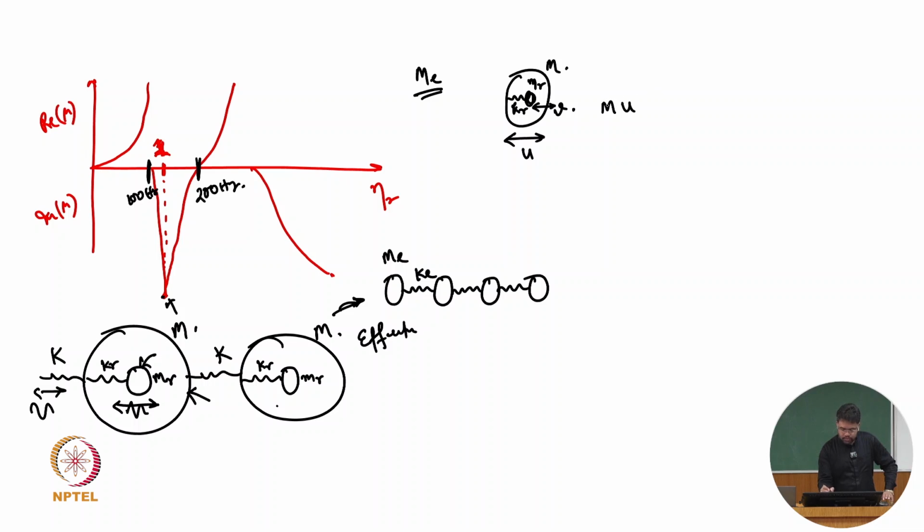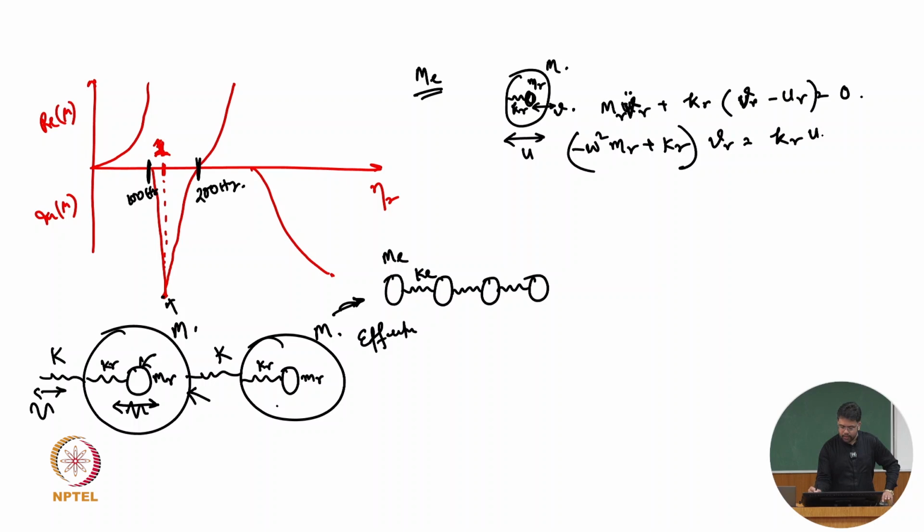The equation of motion for the inner mass will be mr v double dot plus kr into (v minus u) equal to 0. So we can write (minus omega square mr plus kr) into v equal to kr into u.